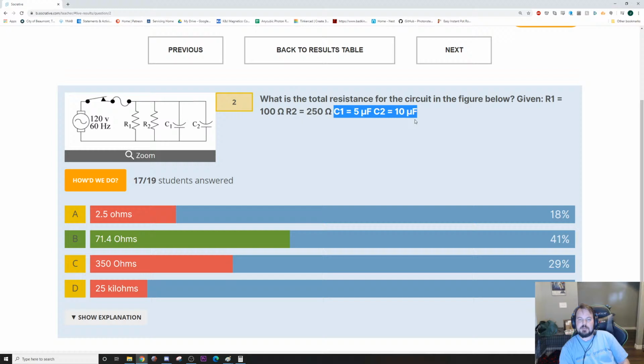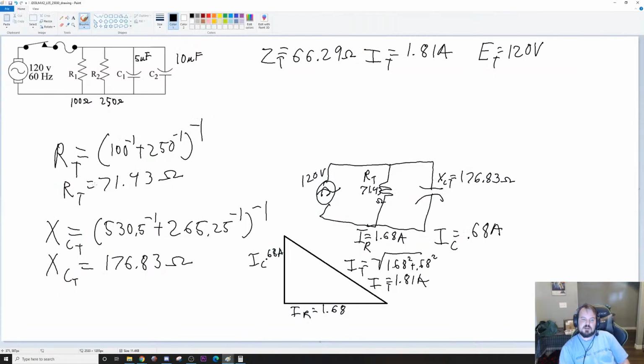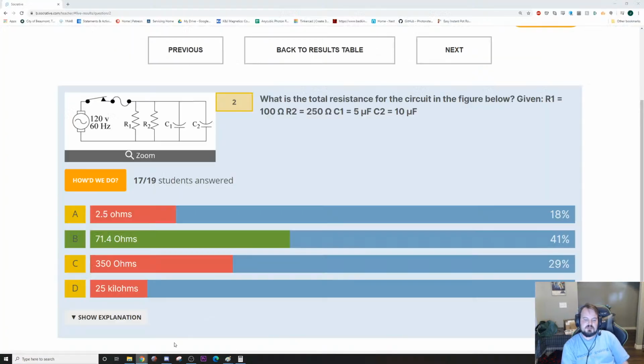They don't care about the capacitance. Resistance only. So, whenever I got to here, 71.43, I was done. I didn't have to do the rest of the circuit. So, again, read the question. Damn it. Alright, moving on.